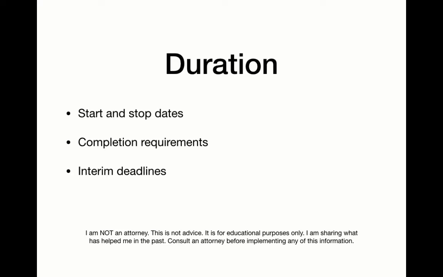We have another week to do testing. If we're driving ads, maybe we have another week to get the ads up and running and another week to test them and get them to the percentages that we want before we start running them for the client. So whatever interim deadlines you might have. Again, if you're building a website, maybe you have to have all the basic design work done by a certain date and the content done by a certain date, etc. So whatever that is, start and stop dates, completion requirements, interim deadlines.